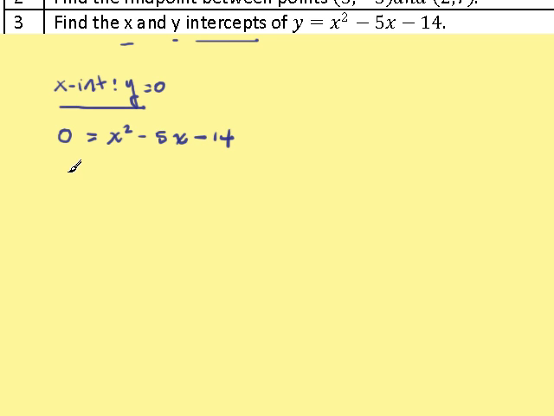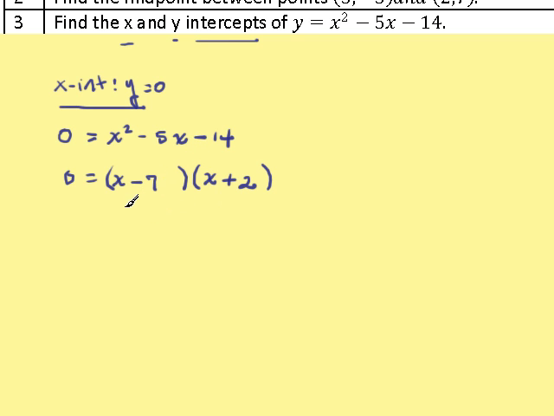It's in standard form, so we're going to try factoring. It factors into x minus 7, x plus 2. Let's just check. Over here we do get a minus 14, last. And for the middle, minus 7x plus 2x is a minus 5x. So that's the right factorization.